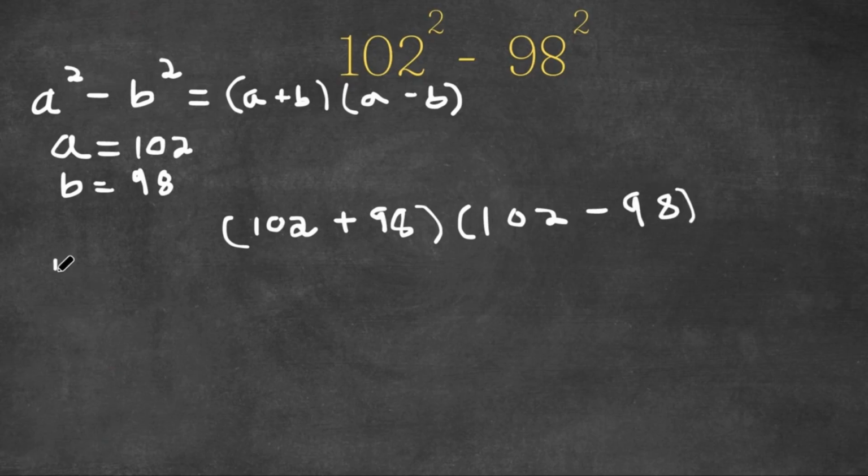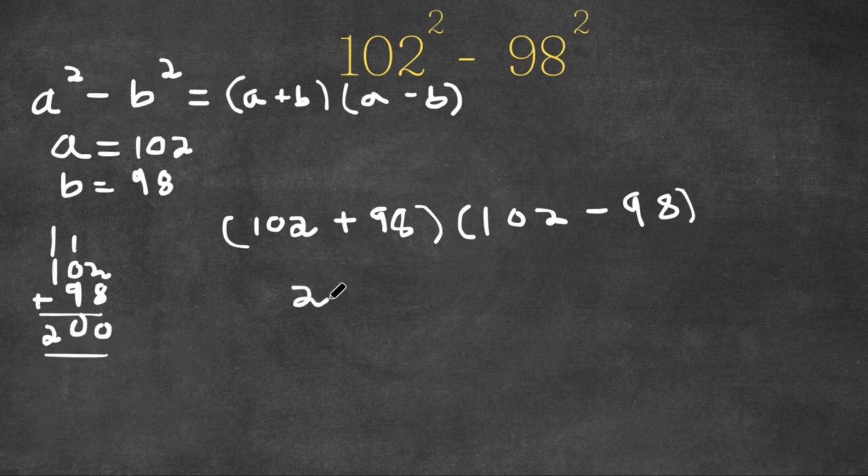Now 102 plus 98, let's go ahead and solve that first. 2 plus 8 is 10, so we carry the 1. Now 9 plus 1 is also 10, so we carry the 1 again. And 1 plus 1 is 2. So 200 is our answer.